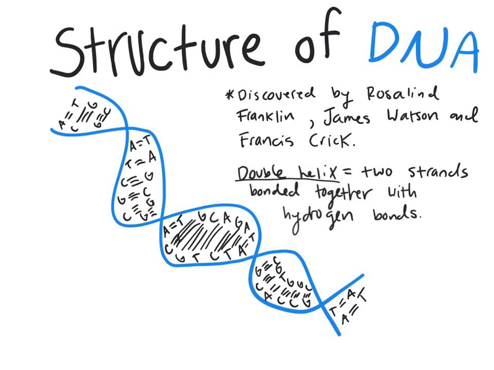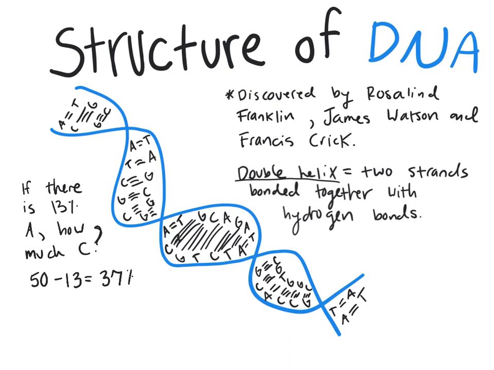But what if we have 13% A? How do you know what percent of C there is? The quick and easiest way to solve this is, okay, you know A and C do not pair together, so you just do 50 minus 13, and that will give you the value of C, which in this case will be 37%.